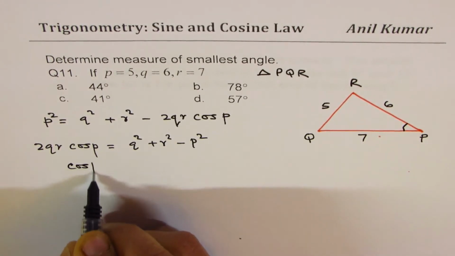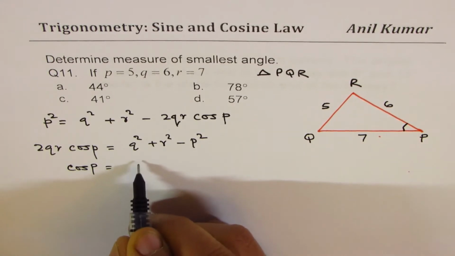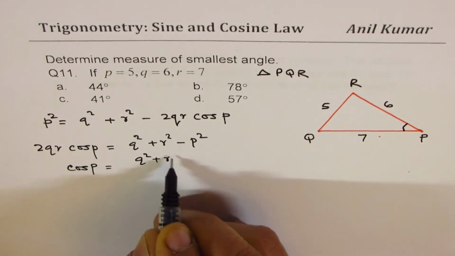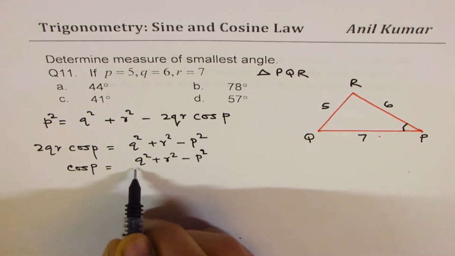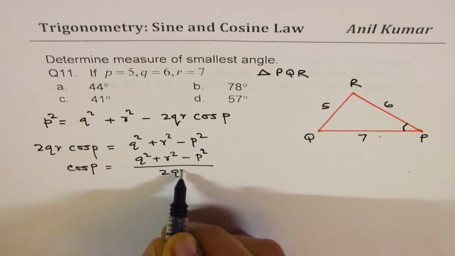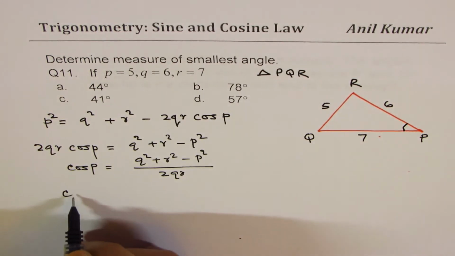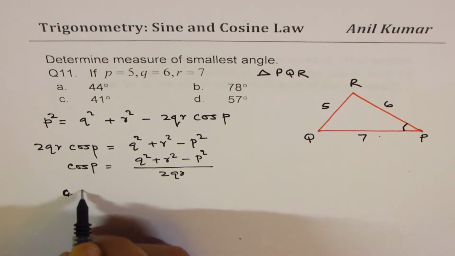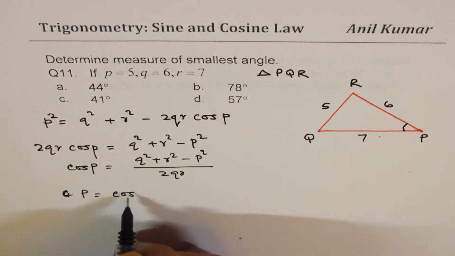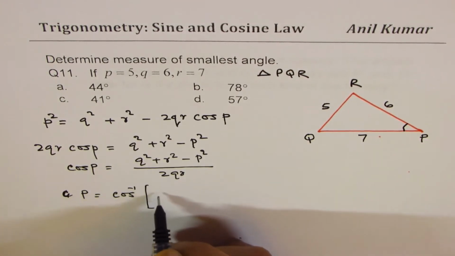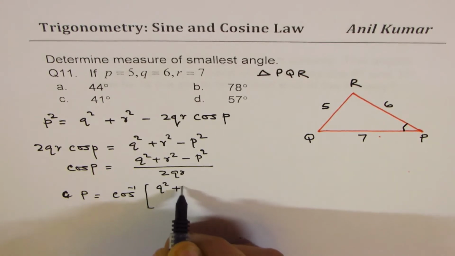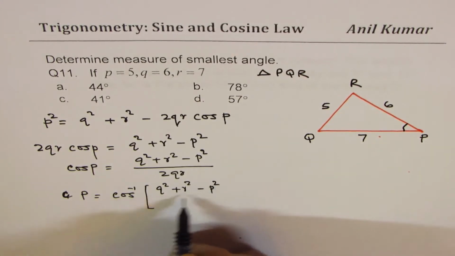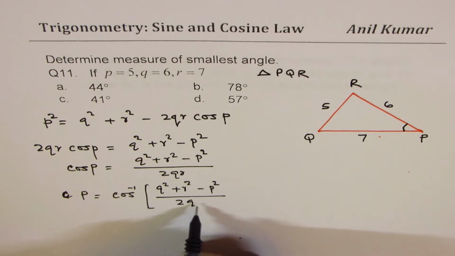So cos of P is equal to Q square plus R square minus P square divided by 2QR, and therefore P is equal to cos inverse of Q square plus R square minus P square over 2QR.